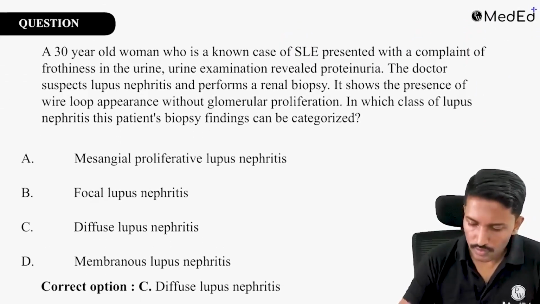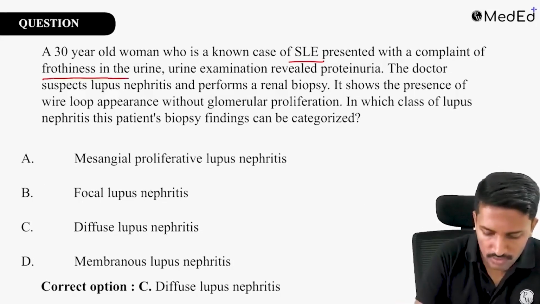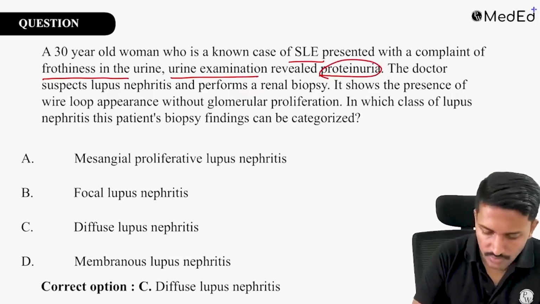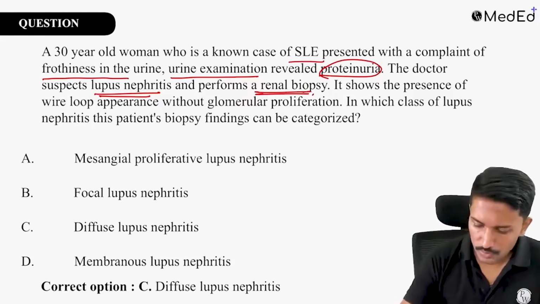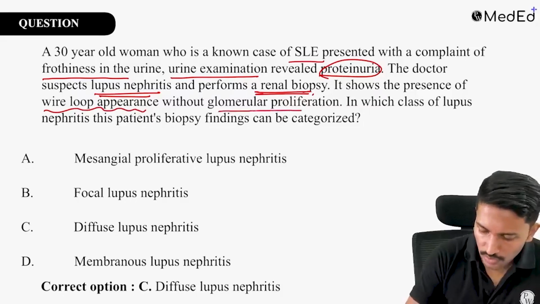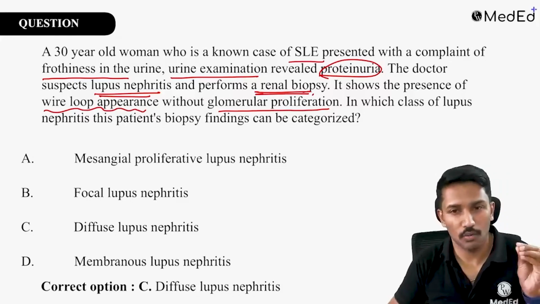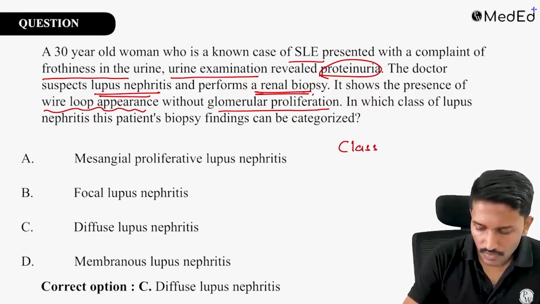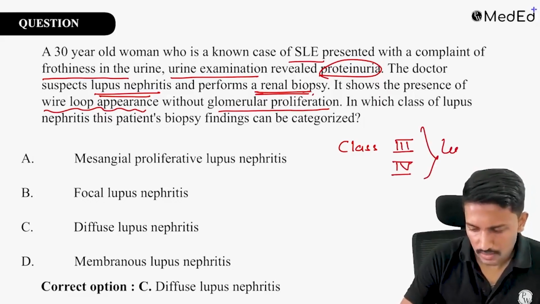A 30-year-old woman who is a known case of SLE presented with complaints of frothiness in urine. Urine examination revealed proteinuria. The doctor suspects lupus nephritis and performs a renal biopsy. It shows presence of wire loop appearance with glomerular proliferation. Now the moment the question says glomerular proliferation, it has to be class 3 or class 4 lupus nephritis.